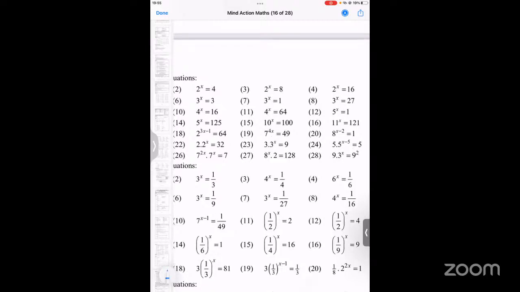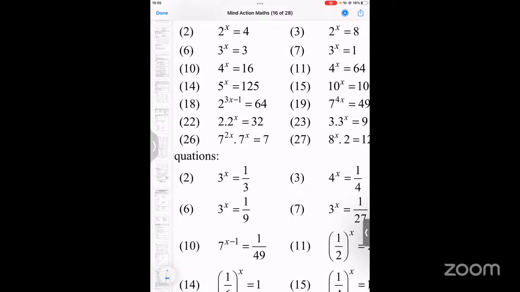Let me explain it. So you see, there we have the same bases. What does the law say when we have the same bases? Do you guys still remember? Do we add the exponents together? Yes, good. So that means we will have 7 to the exponent 2x plus x, which is equal to 7.